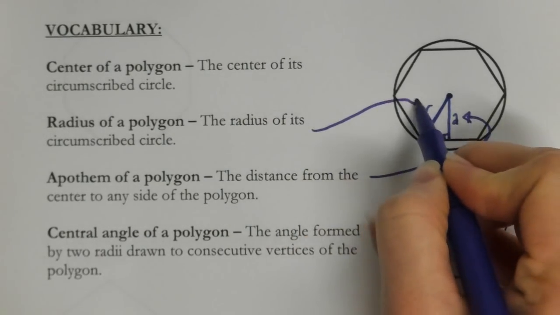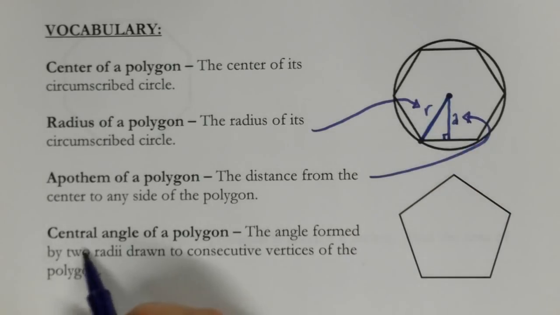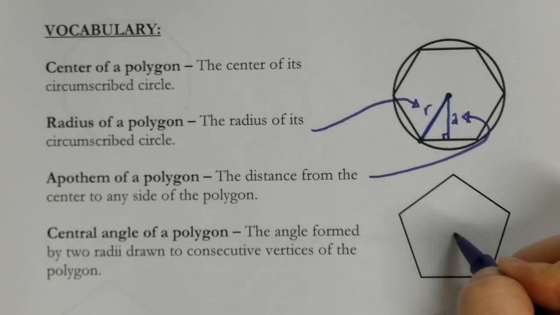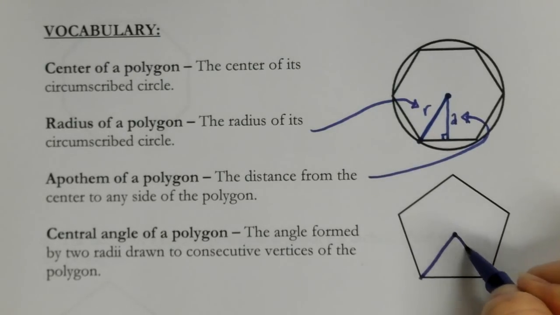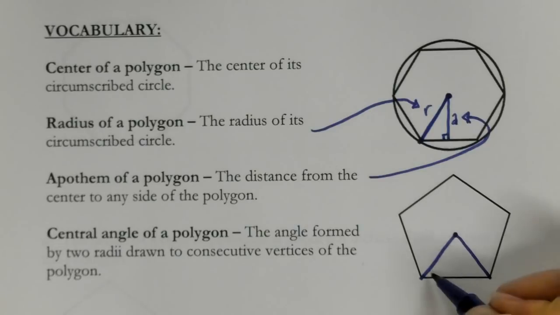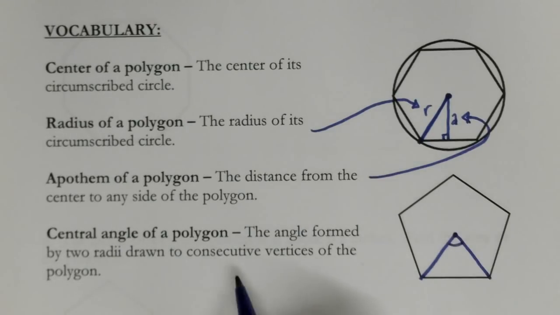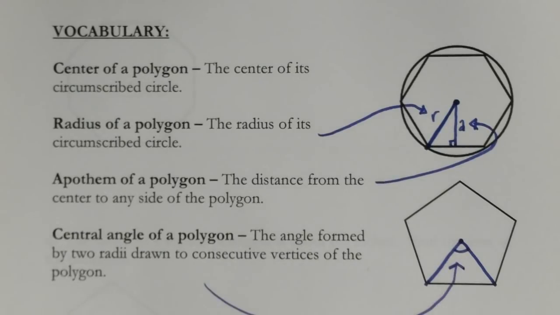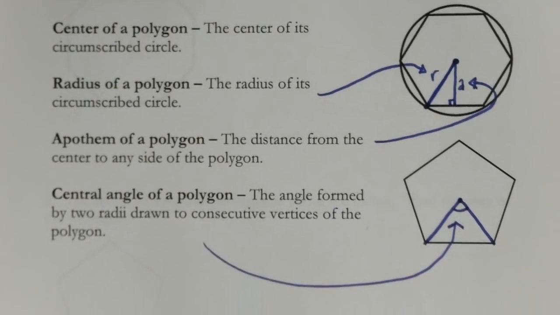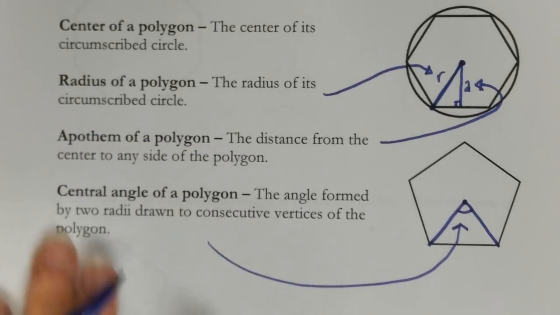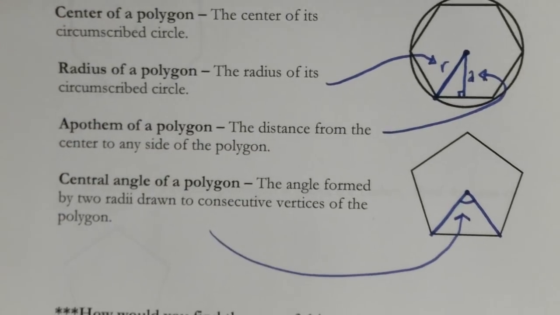The radius is right here. Central angle is the angle formed by two radii. So if I would draw two radii, which go to the two vertices, this is going to be your central angle. Okay? Those vocab words are going to come up.